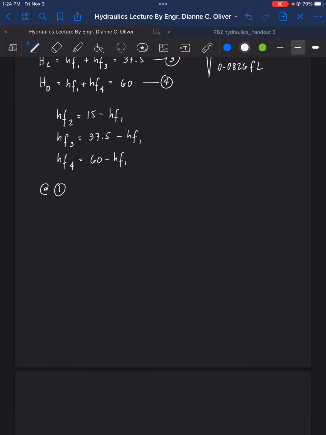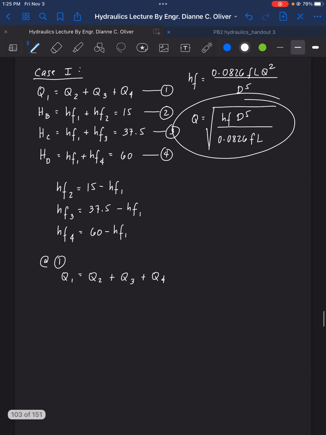Now at equation 1, wherein Q1 is equal to Q2 plus Q3 plus Q4, we will use this formula.